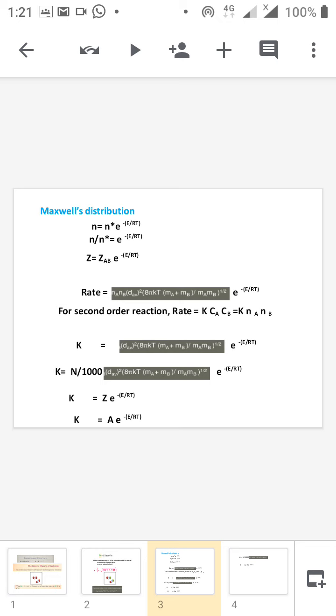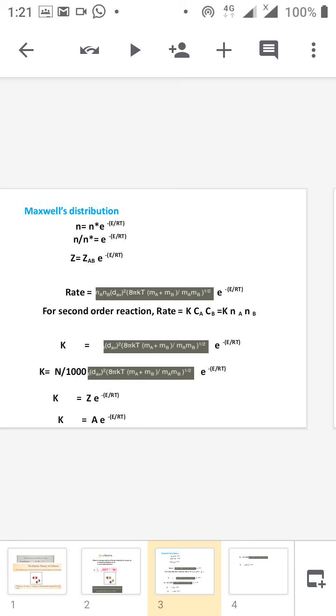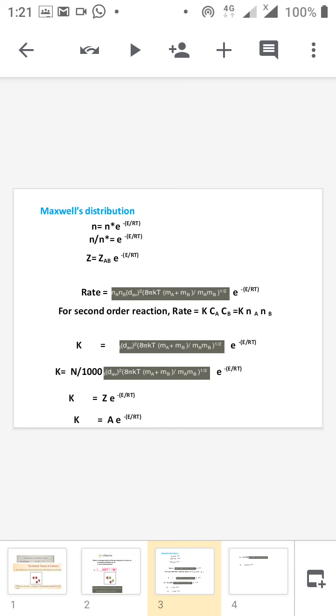according to chemical kinetics, for a second order reaction, rate is equal to K into concentration of A into concentration of B. Instead of CA, we can write NA, the number of molecules present in the container per centimeter cube, and instead of CB, we can represent NB.